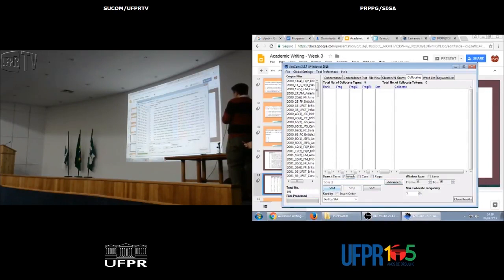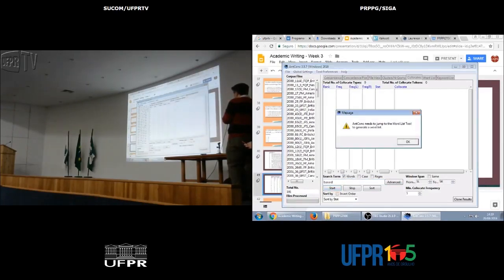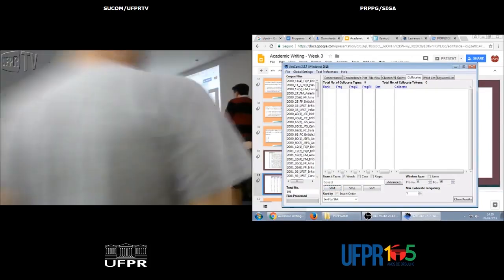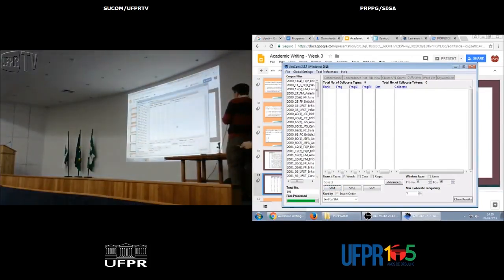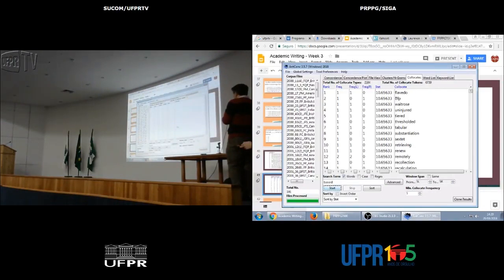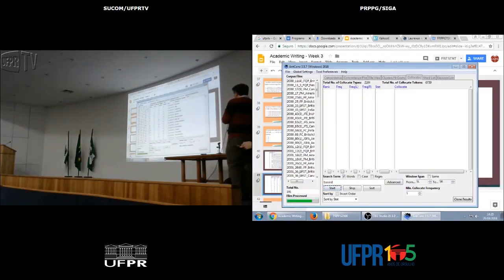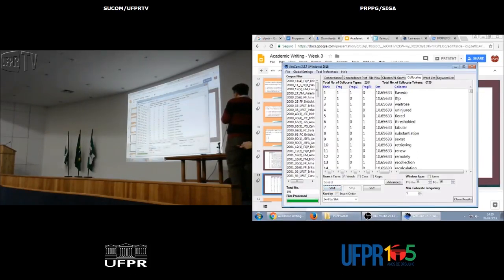But you can also look at what's called collocates. First, you have to generate a word list. And I'll go back to collocates. And if you just click start, you see this here, which shows you the most common ones with a frequency that go with "based."